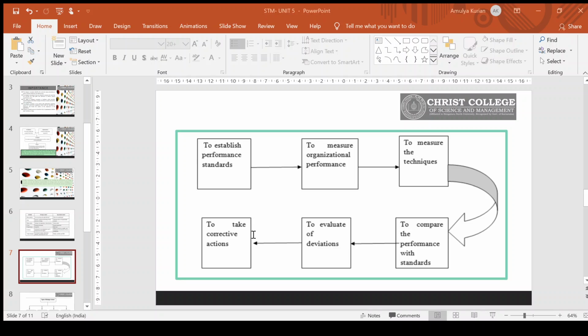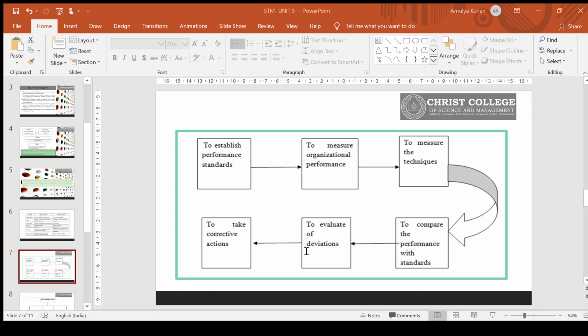Once that is done, we will be evaluating the deviation, whether it is going as per the standards which we have set, or it is having any deviation, or we have deviated from the actual path. In this one, we will be checking whether the deviations are positive or negative. Sometimes if you are not following the actual plan, it may be beneficial for the organization.